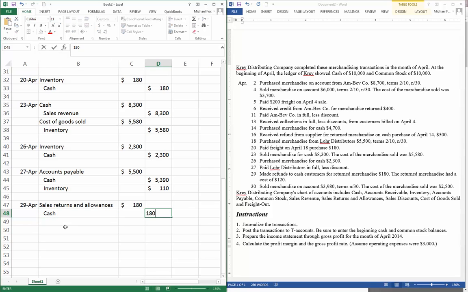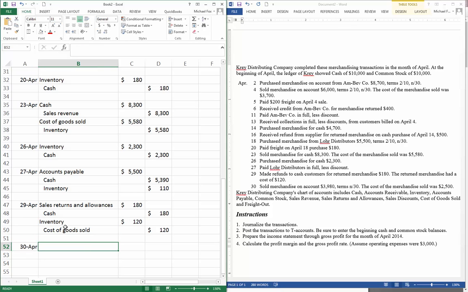Our cash will go down by 180. We also have to show that we're receiving that back into inventory. So our inventory will increase by the cost, 120. And our cost of goods sold, which is an expense, will decrease by 120.